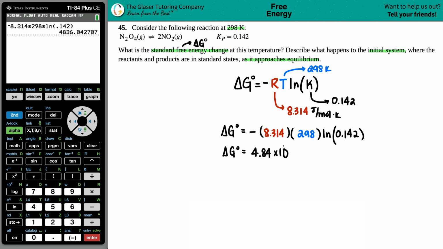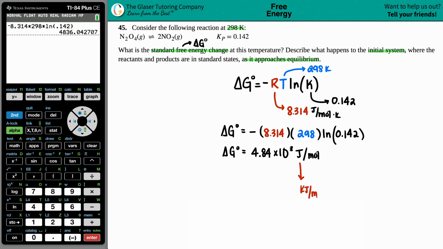Now, they didn't specifically say whether they wanted delta G in joules or kilojoules. Standard unit is in joules. And this standard unit is in kilojoules. And this is specifically in kilojoules per mole. So this would be in joules per mole. So if you want to just convert from joules to kilojoules, all you have to do is just divide by 1,000.